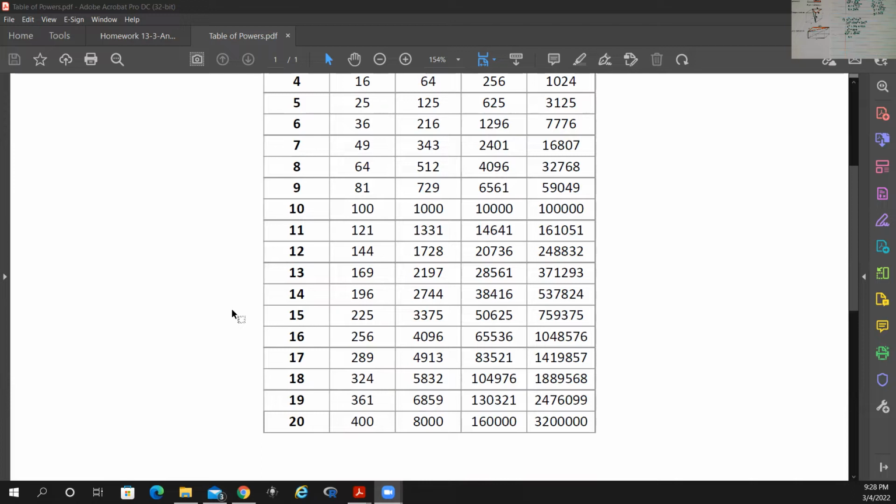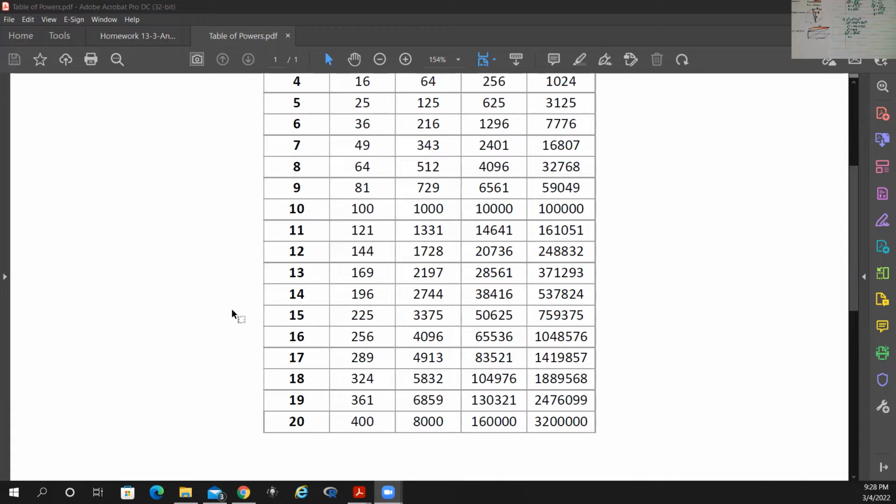And 544 divisible by 169? How about 544 being divisible by 144? No. 544 divisible by 121? No. Well, I know 544 can't be divisible by 100.